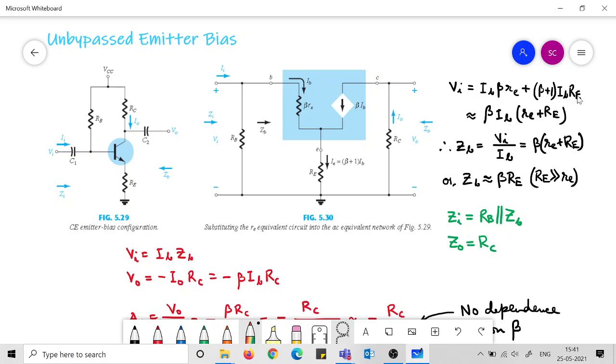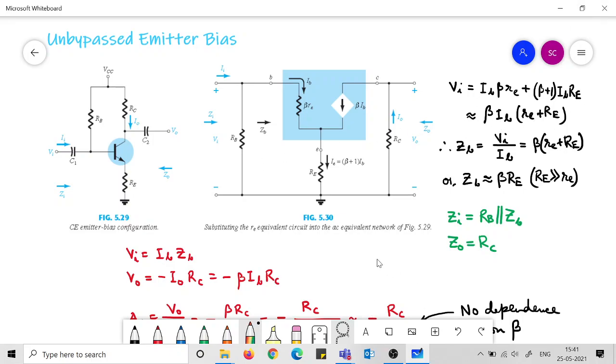Before, it was bypassed by the capacitor. Now it is not bypassed, hence this additional term comes into play. In the previous configurations this much was Vi. Now this additional term comes into the picture. So we have beta IB (re plus RE), approximating beta plus 1 as beta.